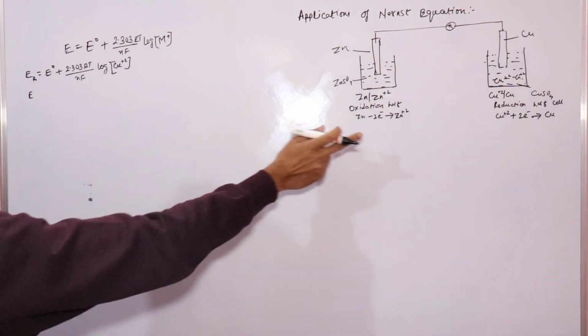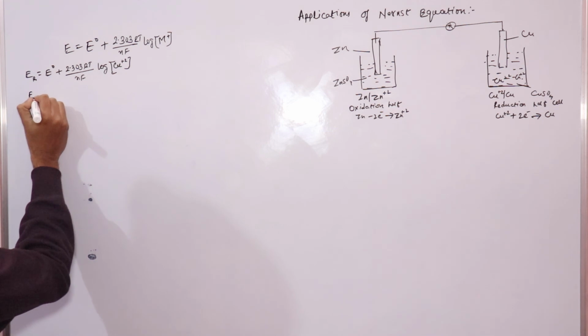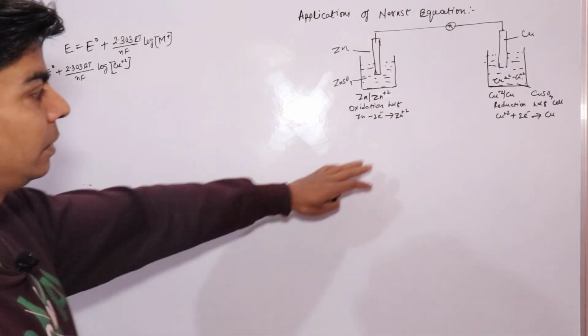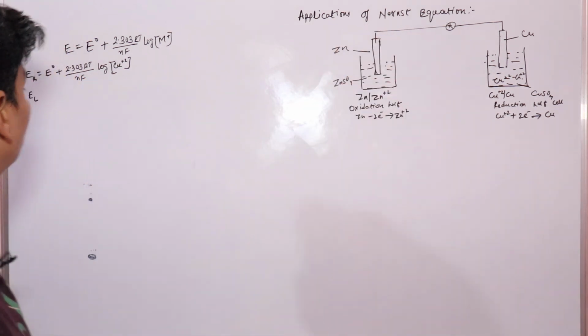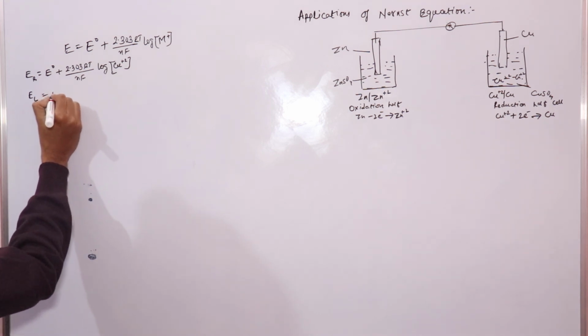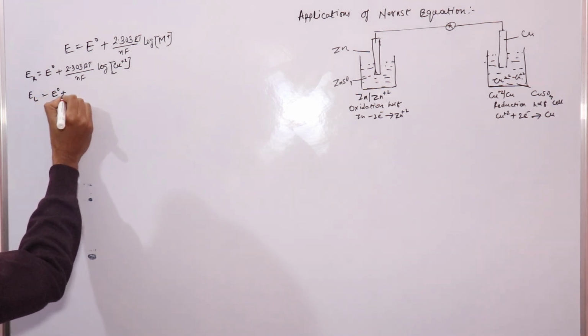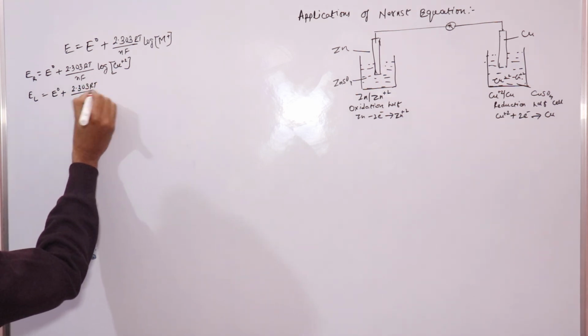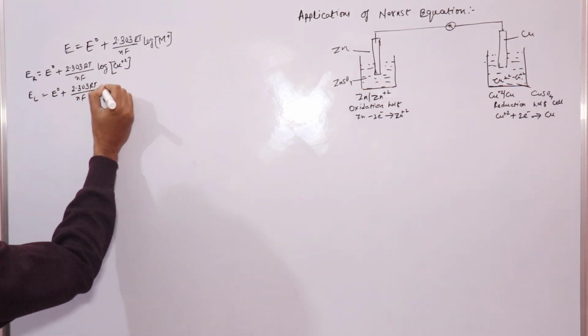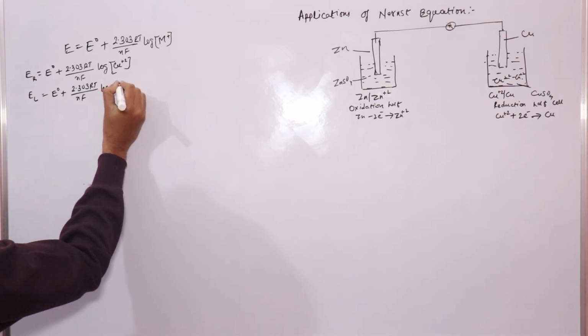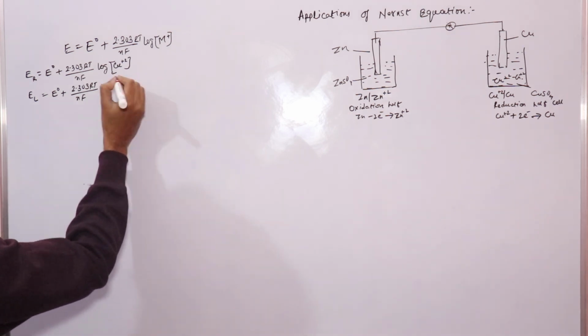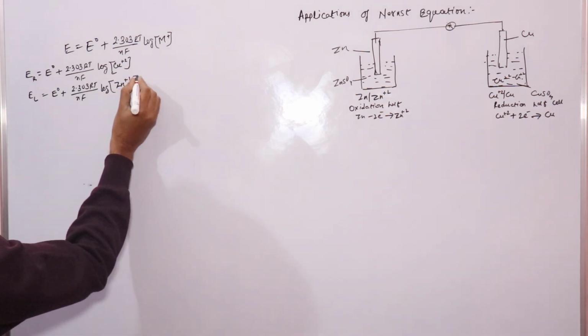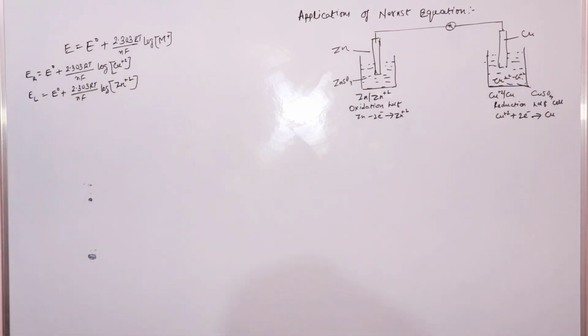Similarly, for the oxidation half cell, we call it the left electrode. E_L is equal to the standard electrode potential minus 2.303 RT upon nF log of ion concentration, here of zinc. We have these two equations for the two half cells.